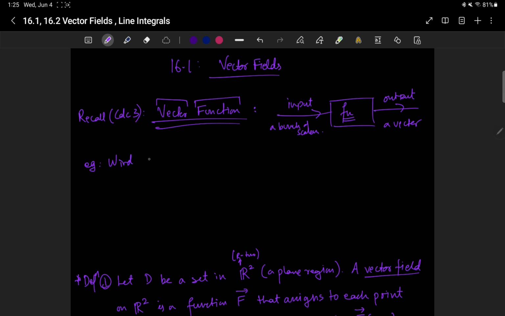Wind direction and speed on the globe. If you look at Earth, there are some websites which provide you these little arrow things which show how the wind is moving across the surface of the Earth.